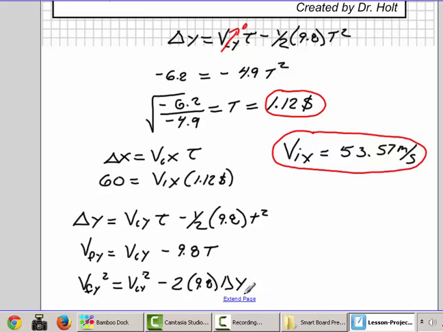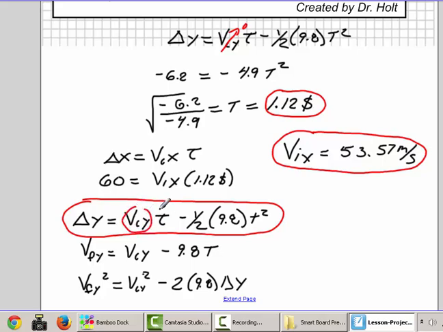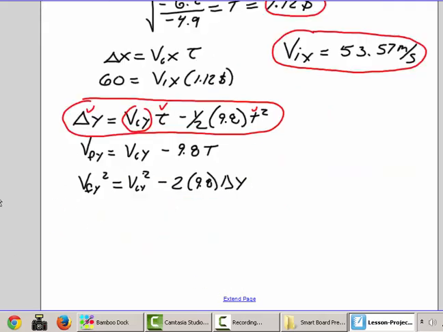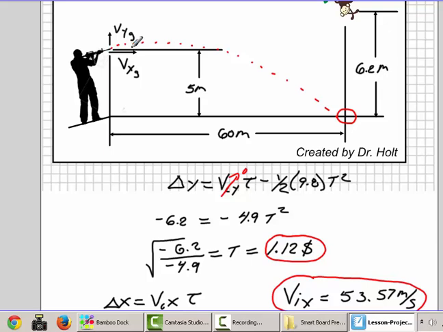Alright, so we can go right to this equation right here, and we can solve for our velocity here because I know time, I know displacement, so that's the only unknown here. We'll use that equation. Now my displacement for the bullet, at this point I'm going to fall 5 meters.